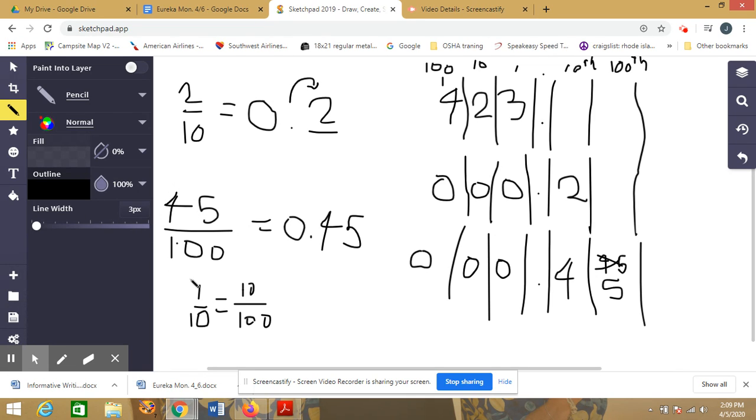We could take 10, 20, 30, 40, or 4 tenths. I'm going to show you that on the number line. Just remember, hundredths is the second place, but that first digit in the hundredths always goes here. So technically this number, 0.45, is 45 hundredths, or we could say it's 4 tenths and 5 hundredths. And I'll show you why that's true.